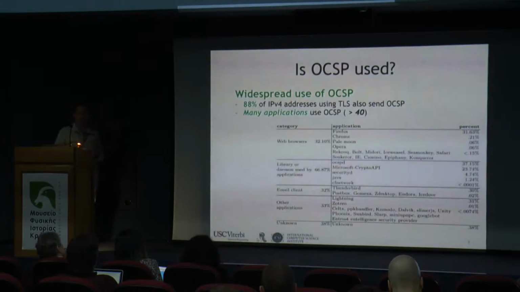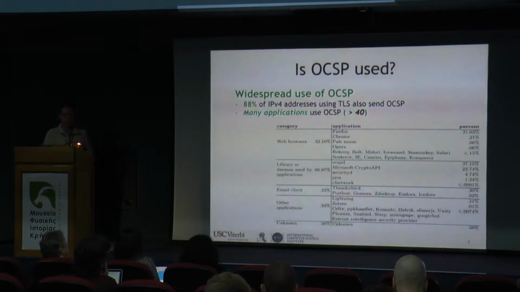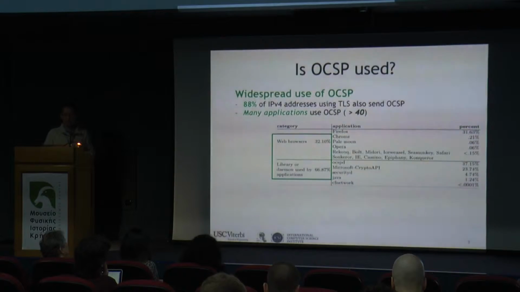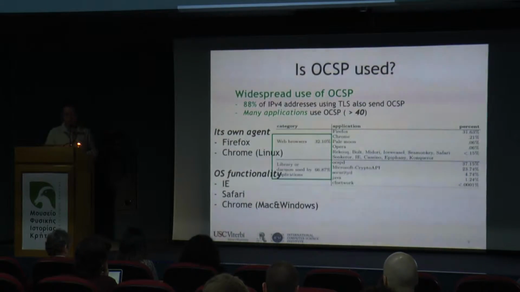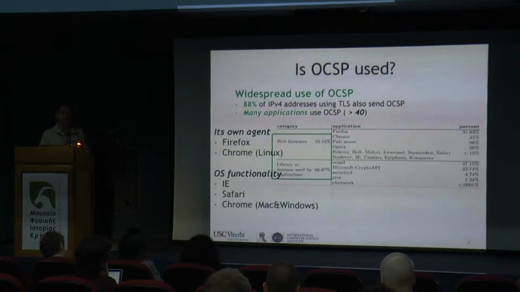We extract the user agent field from all the HTTP requests, and we see a lot of applications actually using OCSP right now. Among them, a major portion are web browsers, libraries and daemons. This is because some web browsers use their own agent to do OCSP requests.